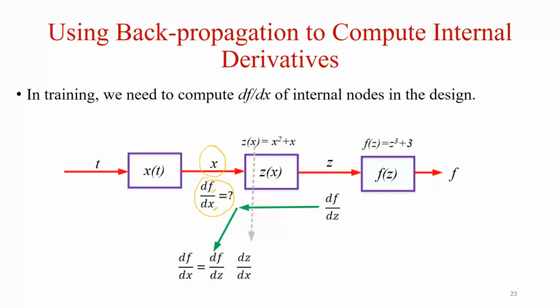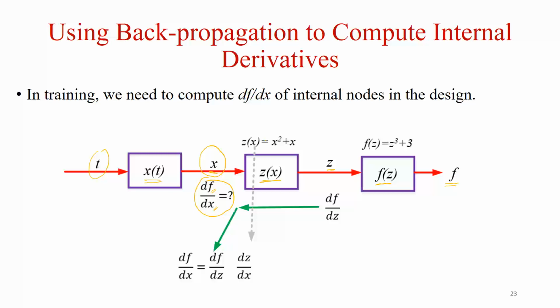Now, in this example, let's say I have a t variable. It goes into an x function, which for this t produces x, and then x goes into a z function and produces a z, and the z goes into an f function and produces the final result.